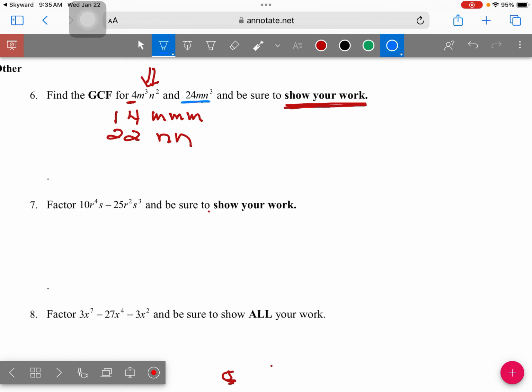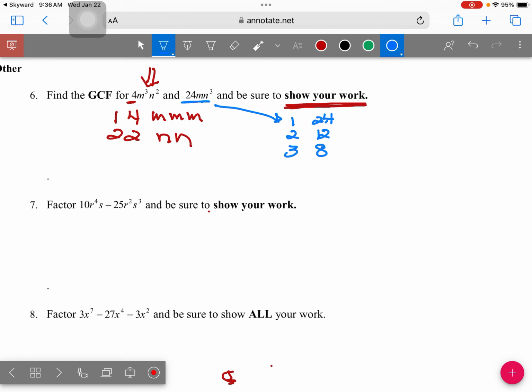All right, let's take a look at 24m n to the third. Factors of 24. List them as 1 and 24. 2 and 2 times what gives me 24? 2 times 12. How about 3? 3 and 8.